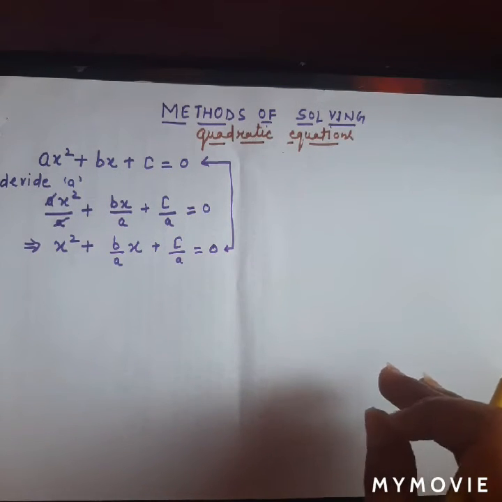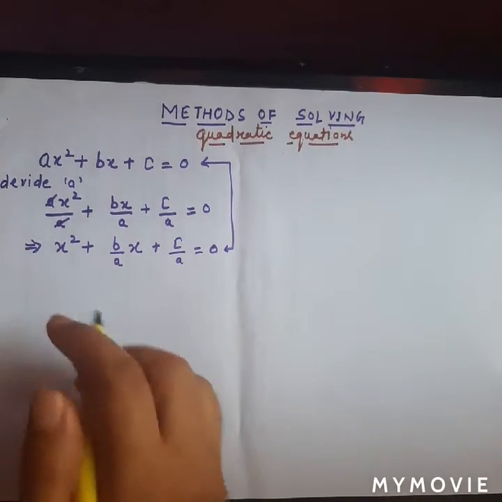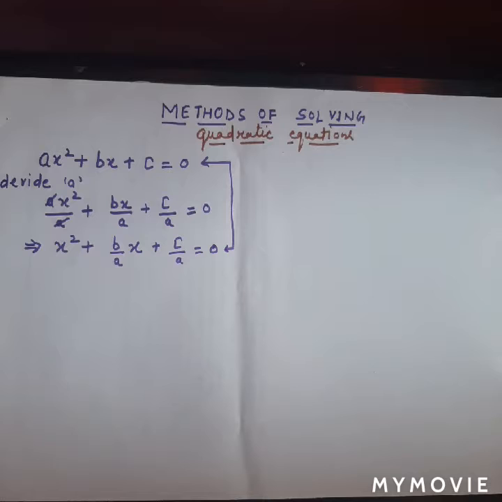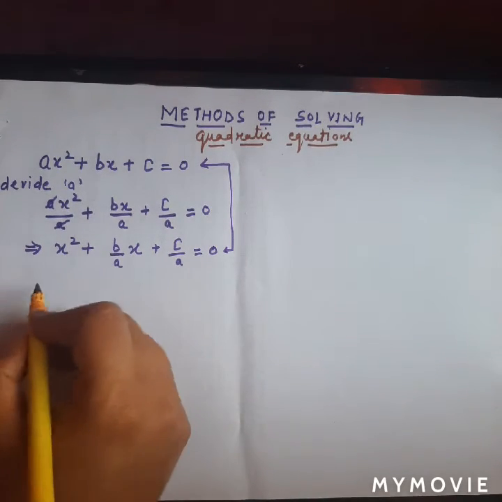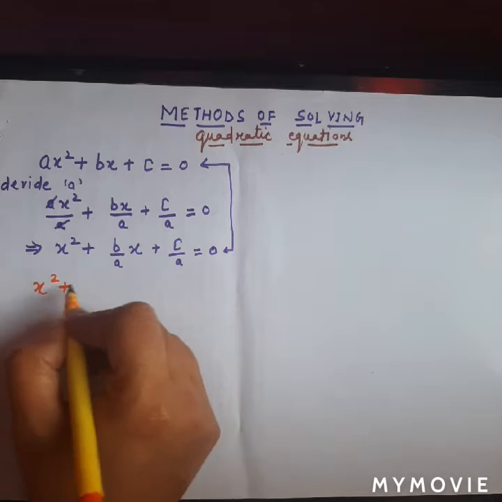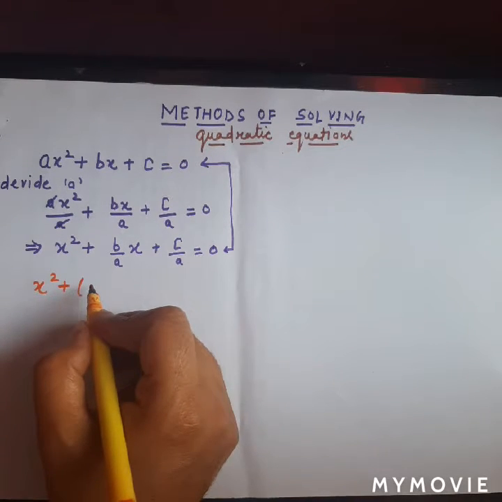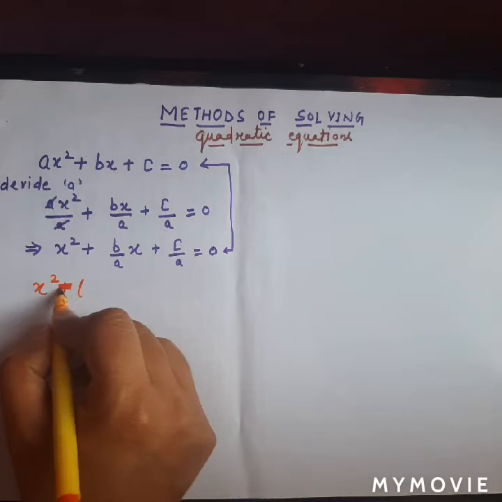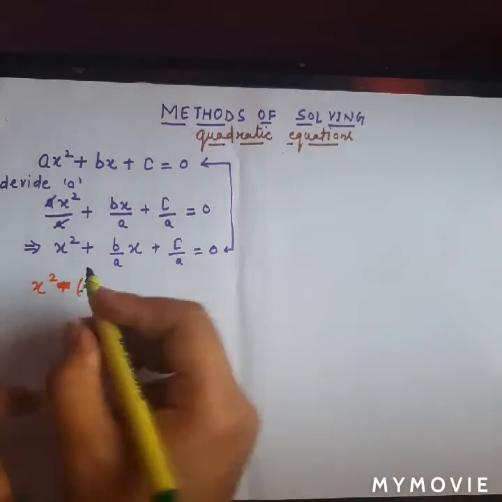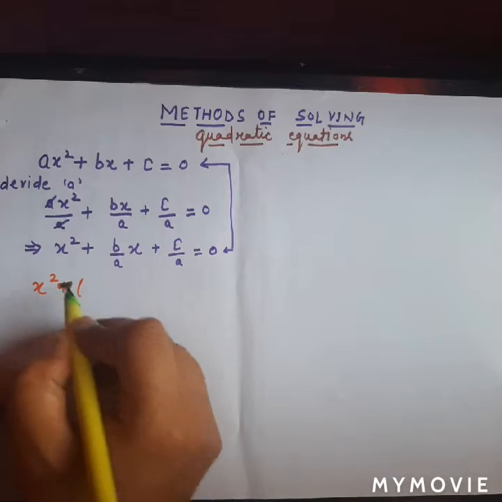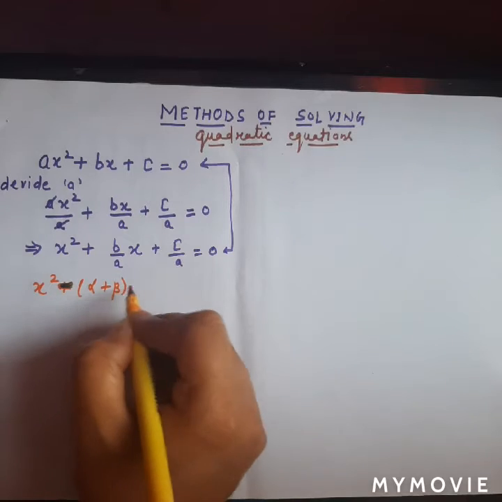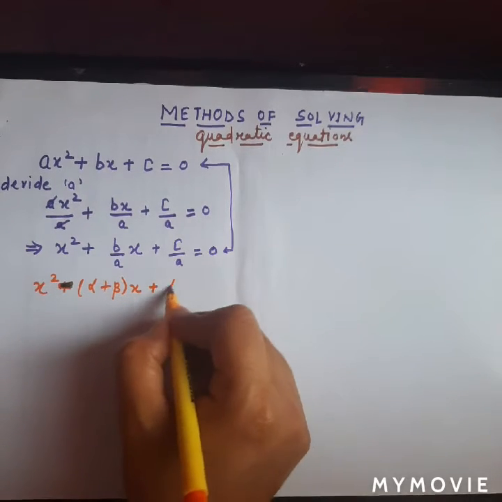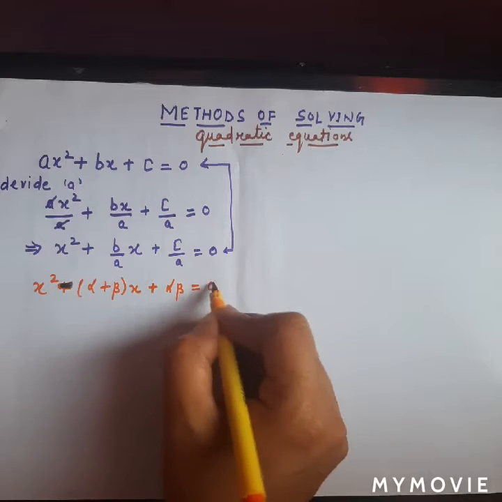Now, I have told you about another form of quadratic equation, which was x square minus alpha plus beta x plus alpha into beta is equal to 0.